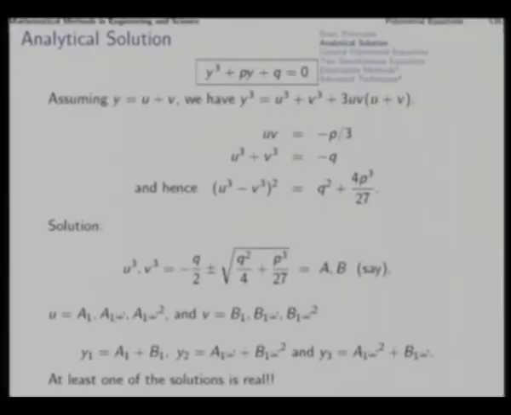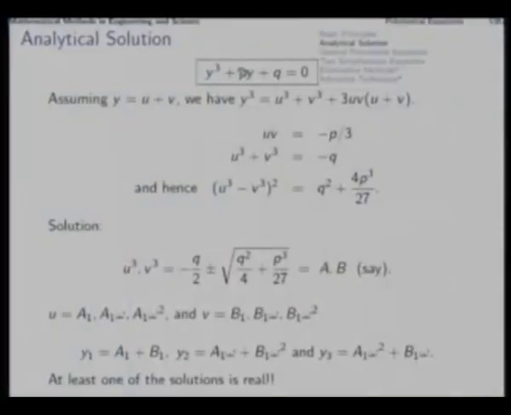So, you can show it as if one of the cube roots is a1, the other one will be a1 omega, the third one will be a1 omega square. Similarly, on this side. Now, with u chosen from here and v chosen from here, you can combine u plus v in 9 different ways, but all of them will not satisfy this equation.